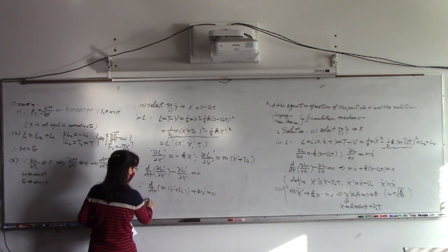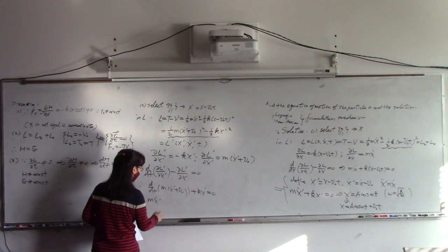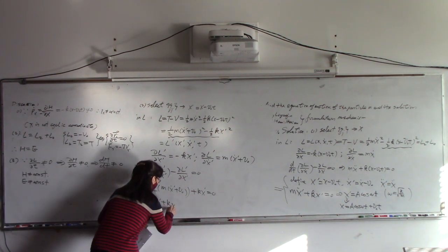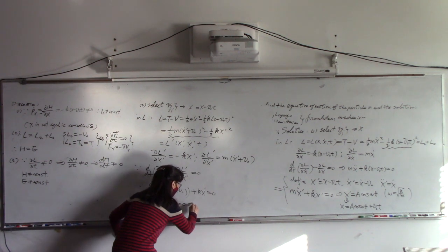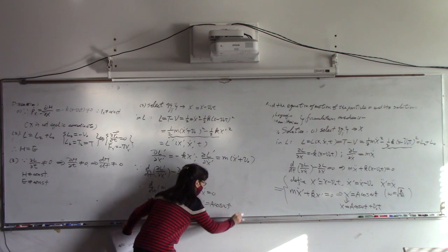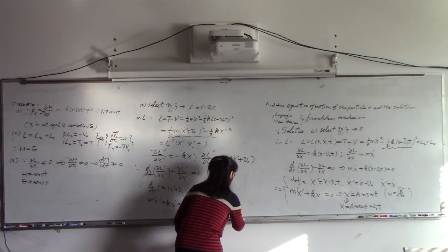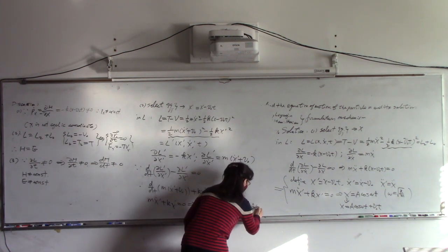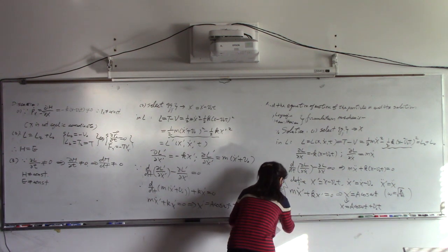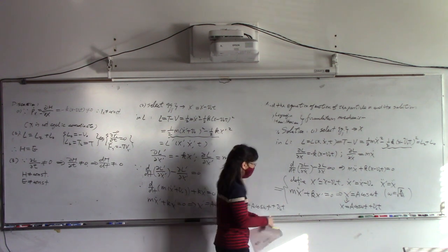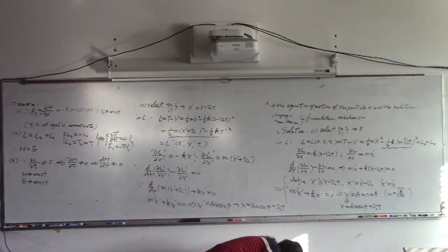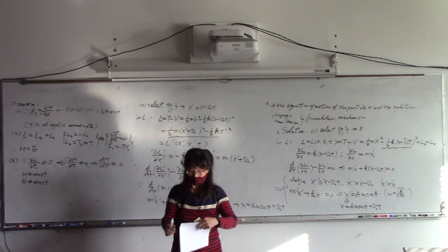So that is m x prime double dot, right? v naught is constant. Plus k x prime equal to 0. So the solution x prime is A cosine of omega t, same thing. And x is A cosine of omega t plus v naught t. Yes, you see the solution is the same. Even though we change the coordinates, it will not affect the final result.